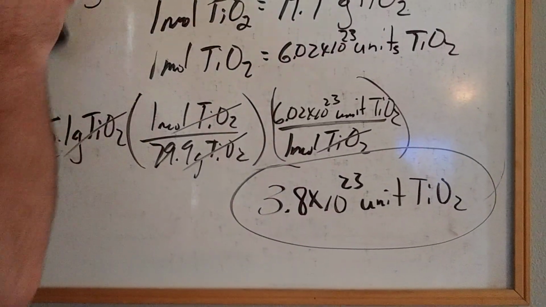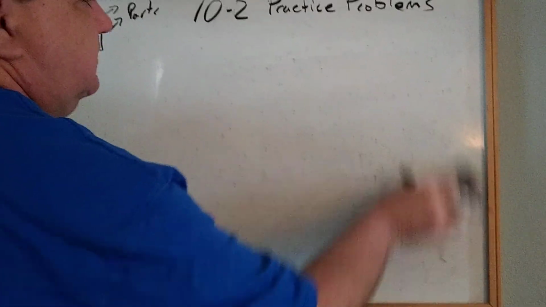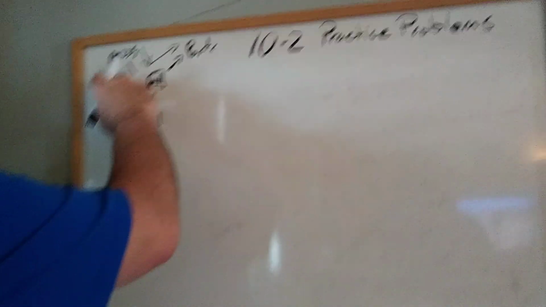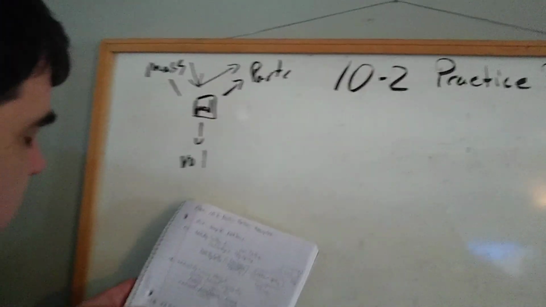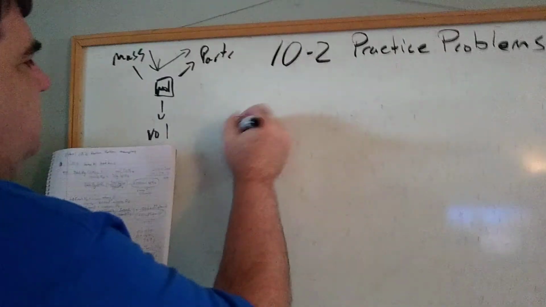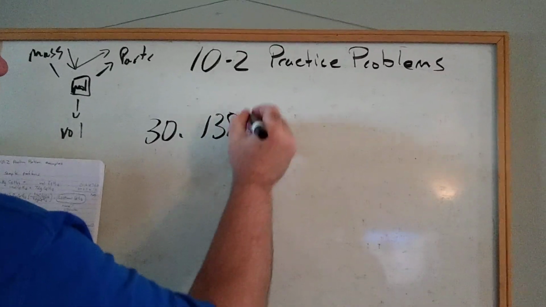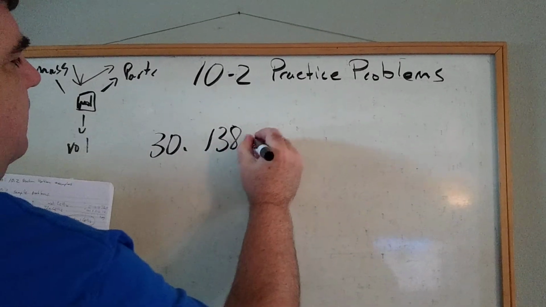And then we'll do the last one, number 30, because everybody always thinks the last problem in the worksheet is always the hardest. And those last set of problems were all dealing with volumes, going either moles to volumes, mass to volume. 30 is just a very easy one-stepper. We go from 138 moles of HBr.